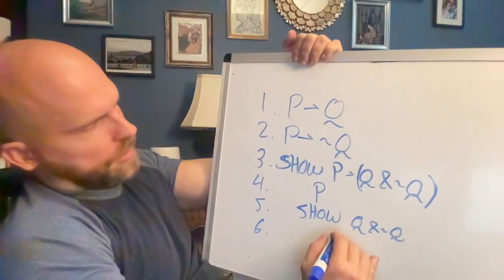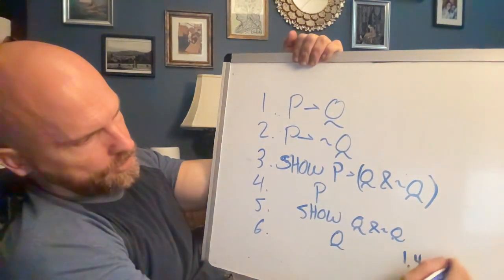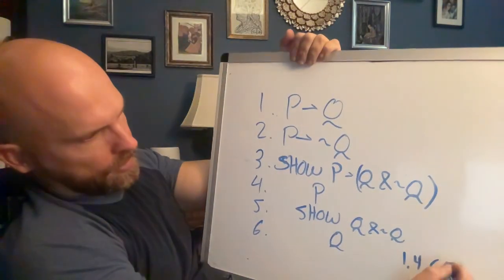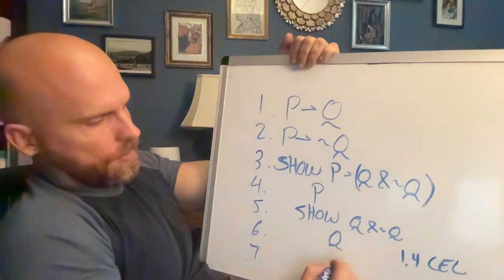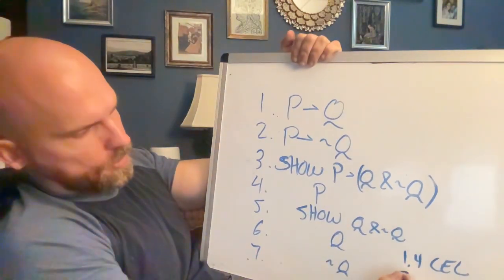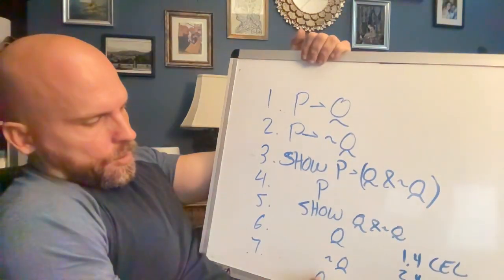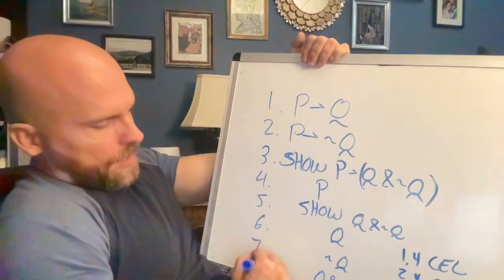We get Q, 1 and 4. It's conditional elimination. I think we called that cell. And then on line 7 we get not Q, from 2 and 4, cell. But Q and not Q, we can't allow that.